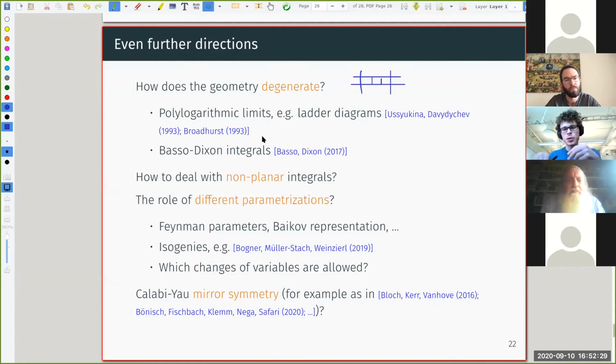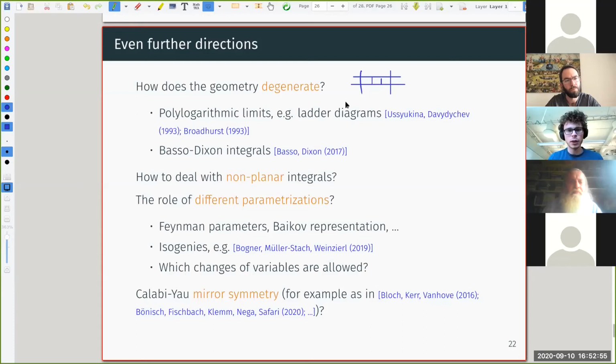So at some point, what we should see is how this geometry degenerates to something much simpler. And that should also work for these fishnet type diagrams, because if we start to remove external legs or dual points, we should eventually find these Basso-Dixon integrals.